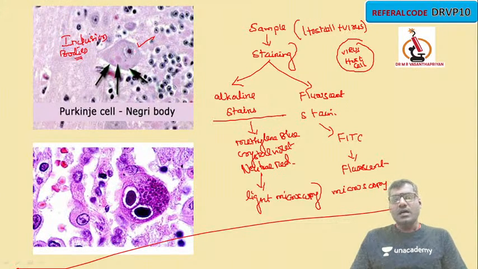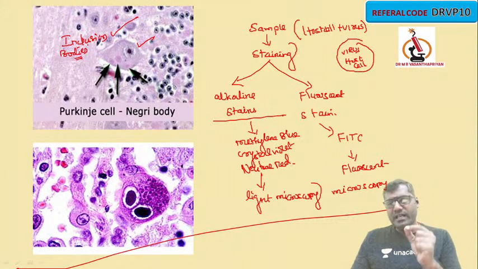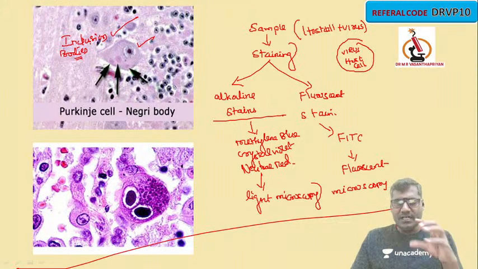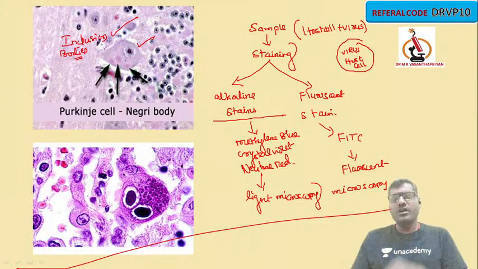Remember, along with the host cell, the viruses will be demonstrated during the diagnostic procedure. We call it inclusion bodies. The inclusion bodies are nothing but the viruses present intracellularly in the host cell, receiving the color, either alkaline staining or the fluorescent stain. We call it inclusion bodies.